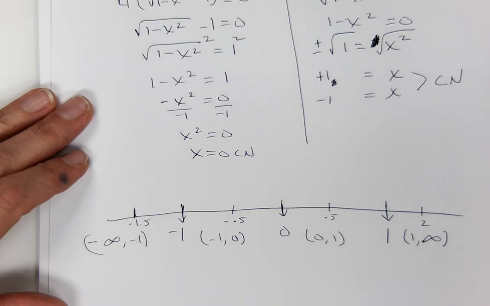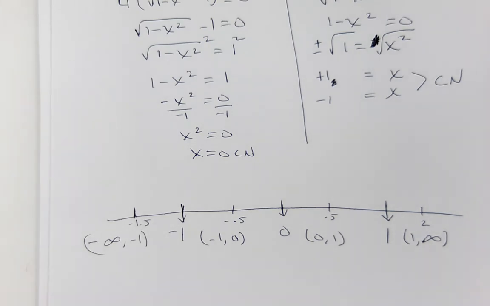Whatever, any values that are in the interval. And you want to find out if the first derivative is positive, because then that interval is increasing for the original function. Or find out if the first derivative is negative, because then the original function is decreasing on that interval. Okay, so hopefully this got you started.